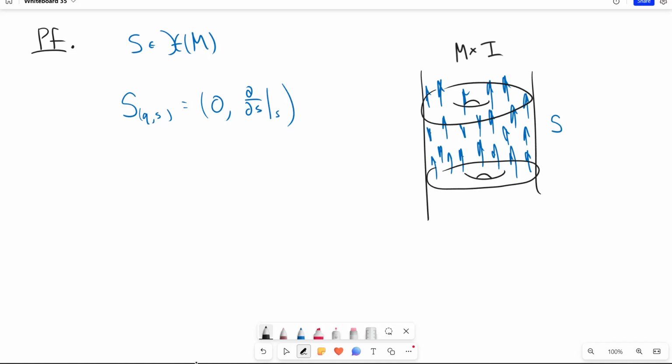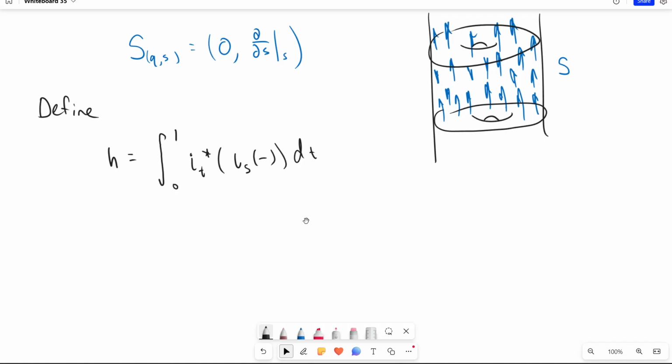This isn't how I wrote in my notes, but I can say we're going to define H. H is equal to, just as we saw that the interior multiplication was the ticket for the Lie derivative, we're going to find H to be instead the integral of pulling back interior multiplication by S of blank dt. So the idea is you plug in omega here. And now what we need to show is that this is actually a homotopy operator.